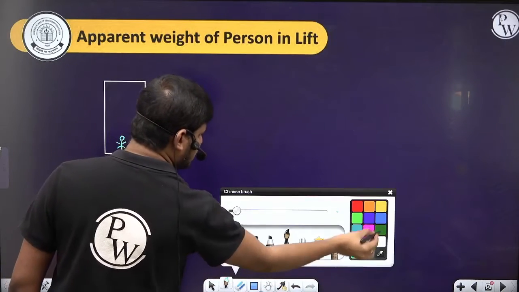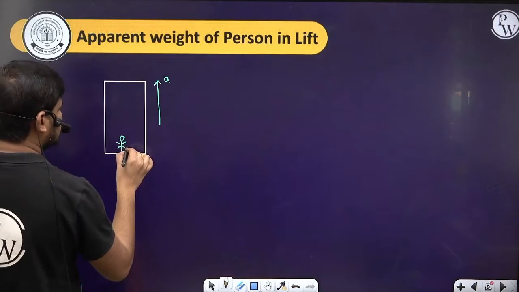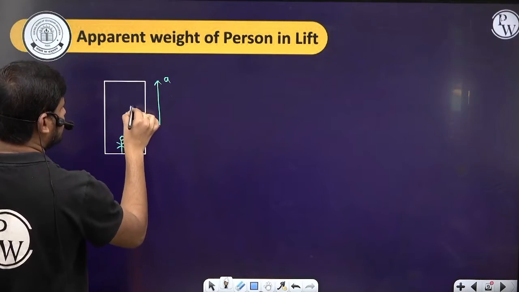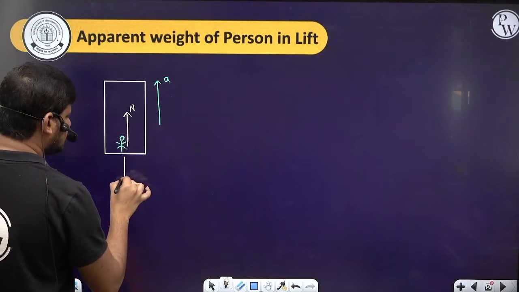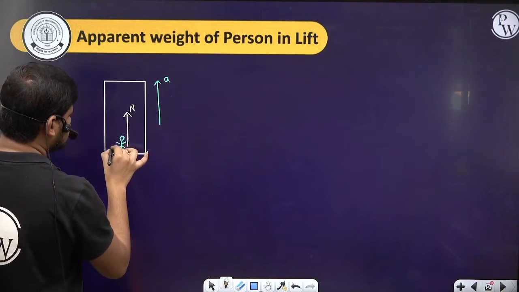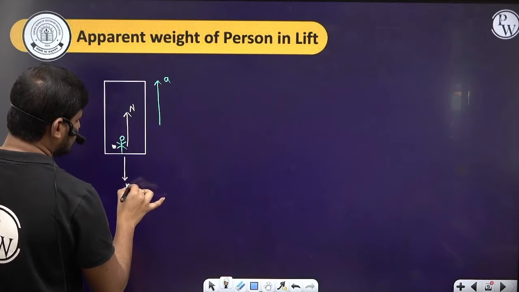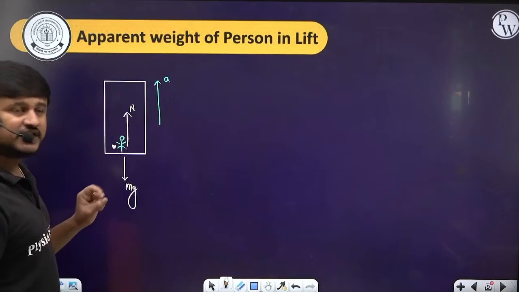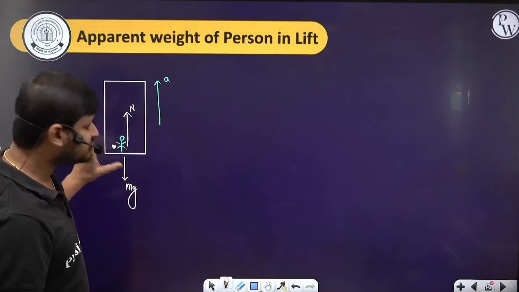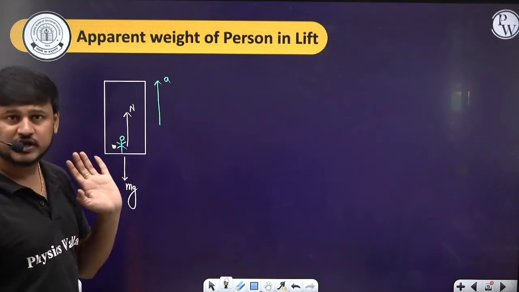In this situation the normal force acts upward, and the person has mass m, so his weight acts as mg. If the lift is stationary, the normal will be balanced by mg, right? N equals mg.